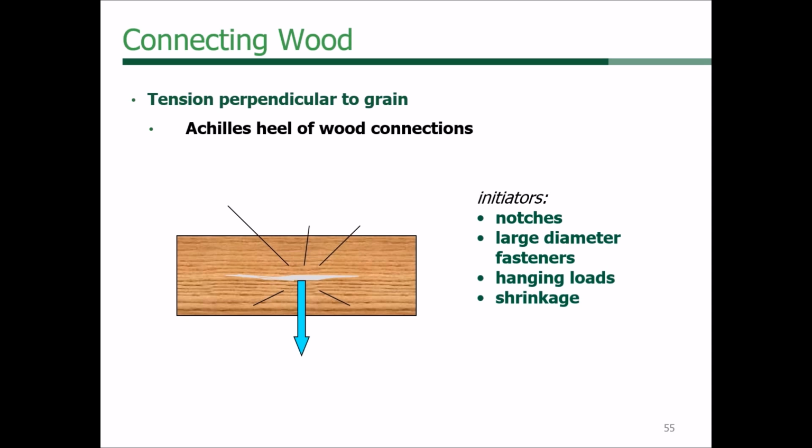If your connection is not allowing the shrinkage, it'll part. The best way to think of wood is like a whole bunch of straws, and those are literally the cells of the wood, and they're going along the grain of the wood. It's real easy to get those straws to go apart. It's a lot harder to compress them or pull them apart along their length.